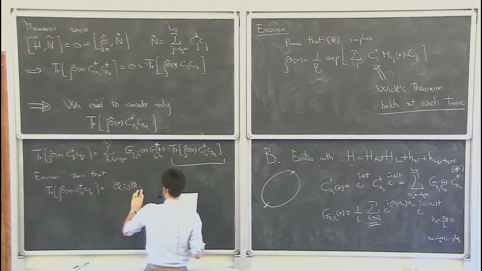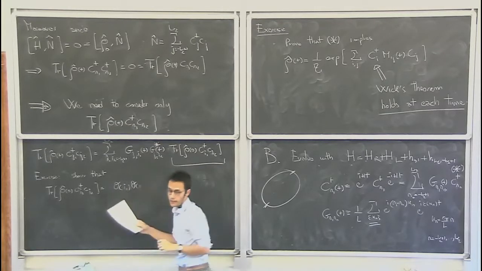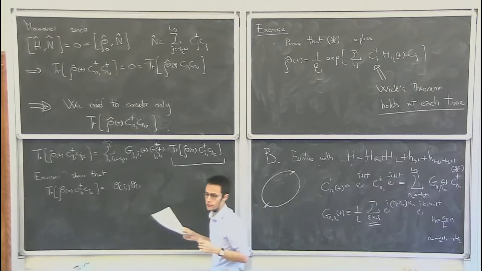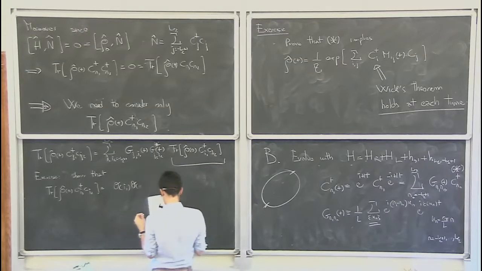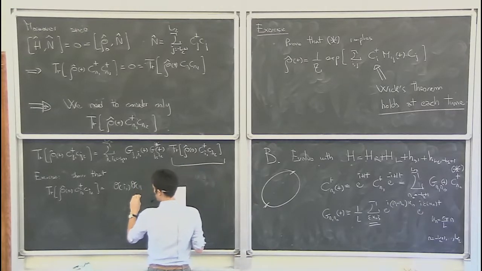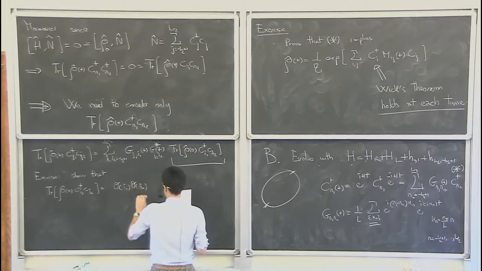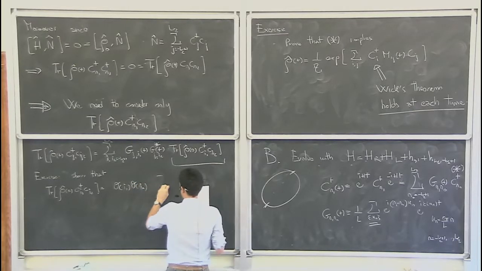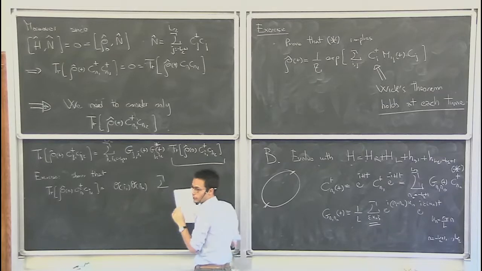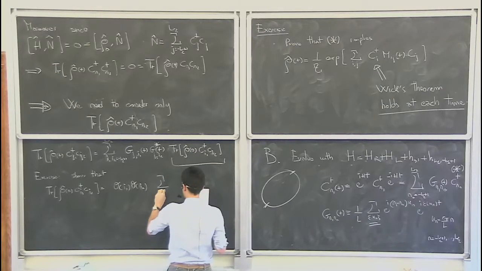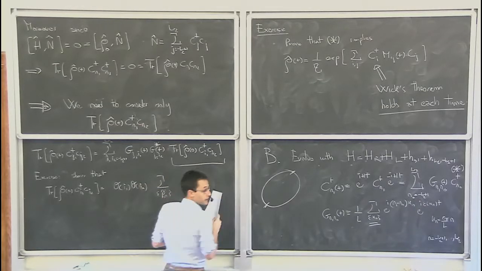So the question I have for you is, do you have any idea how to compute this? Do you know how you would proceed to compute that? I'm waiting for the answer while writing, so please. Sorry?